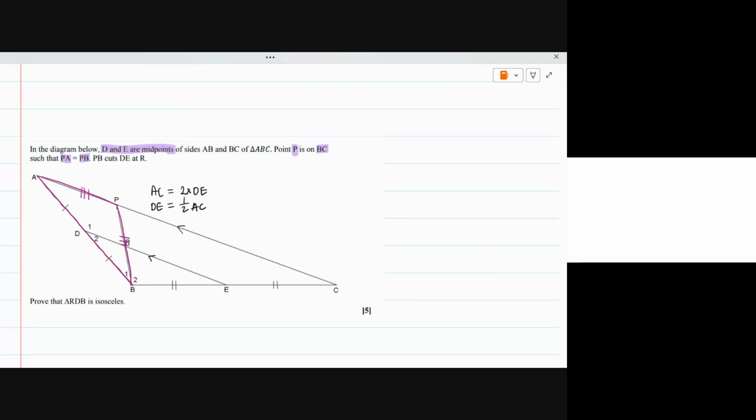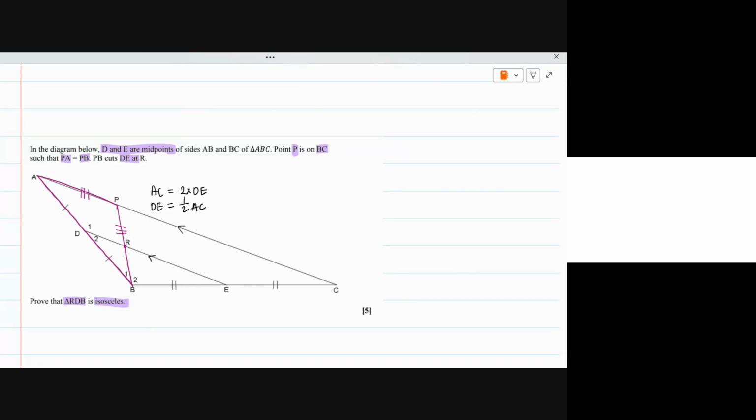Then it says PB cuts DE at R. So we are told that PB cuts DE right here at R. Let me not forget that. All of that is very important. Now the question says to us, prove that triangle RDB is isosceles.